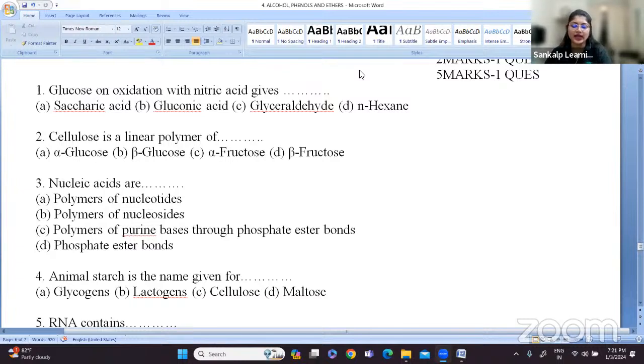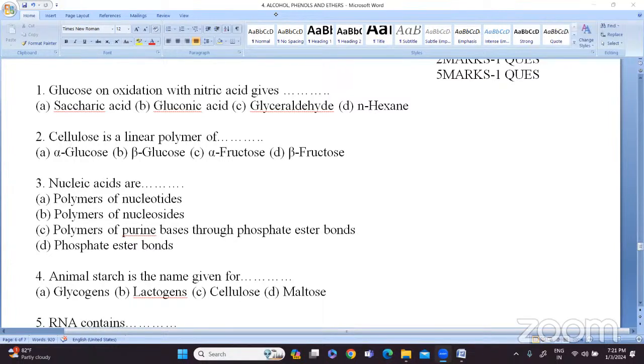What are nucleic acids? What are they made up of? Okay, Swati has also answered it as A. Fine. So what are nucleic acids, students? Did you study about nucleic acid?